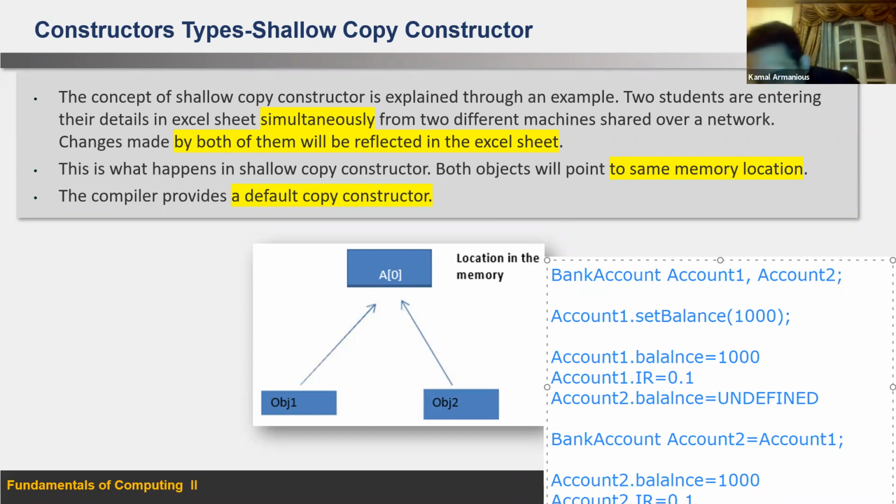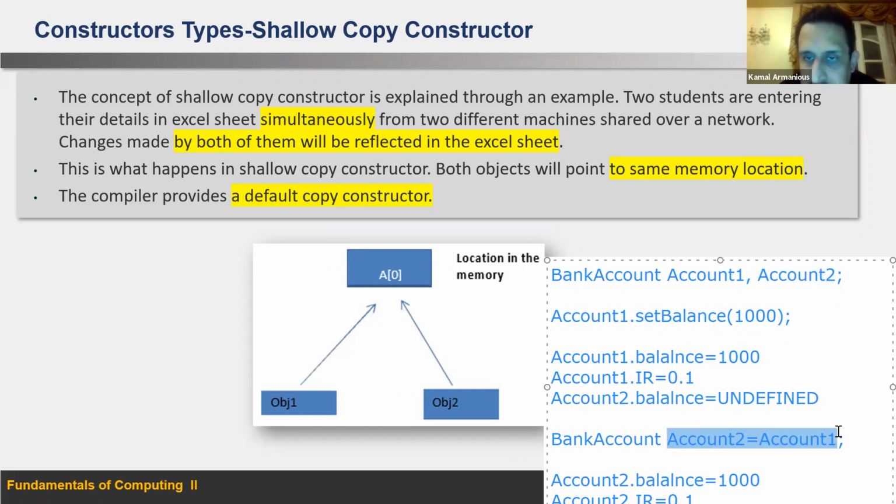So the copy constructor copies the values of the member variables of a certain object to be the values of another object. In this case, account1's member variables balance and interest rate, with values 1000 and 0.1, will be the same for account2. When will this happen? When I say account2 equal account1.